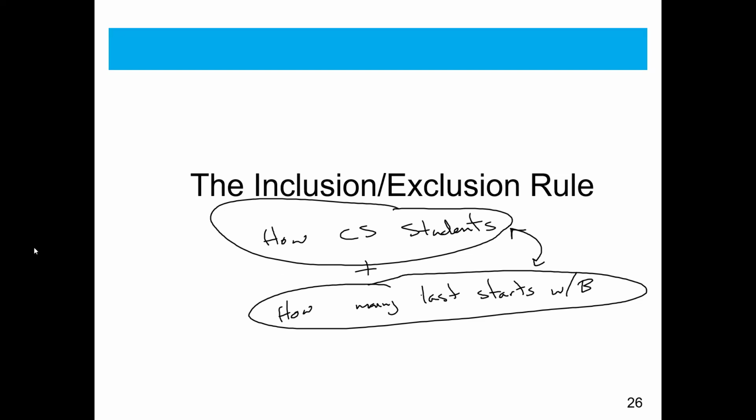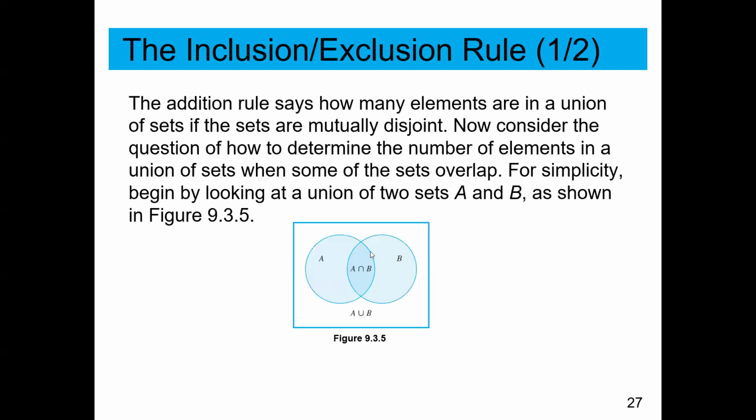So for a visualization, let's look at a Venn diagram. If I'm trying to count A union B, if I just count how many are in A and how many are in B, this is not going to work. The cardinality of A union B is equal to the cardinality of A plus the cardinality of B minus the overlap.